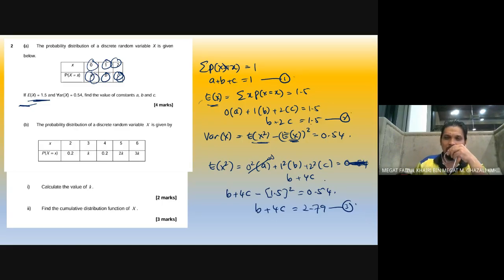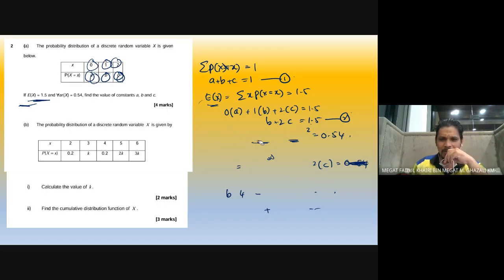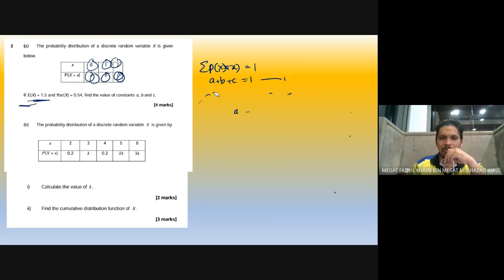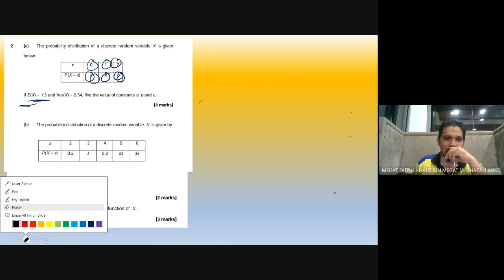I do believe that all of you know what to do. You know using what we call simultaneous equation, using the substitution method or elimination method. You try by yourself, and finally you should get the value of A, B, and C. I'm not going to show the steps of the simultaneous equation one by one, but I show you the 3 equations with 3 variables.